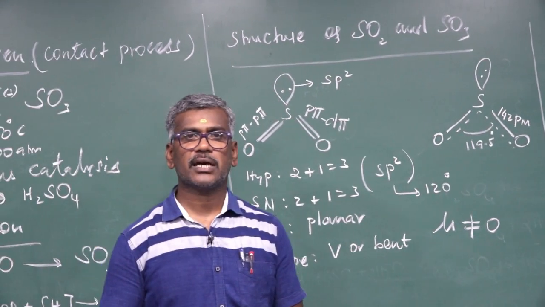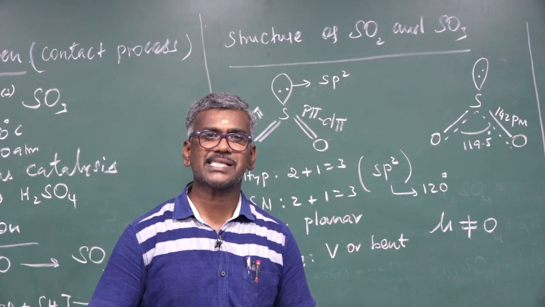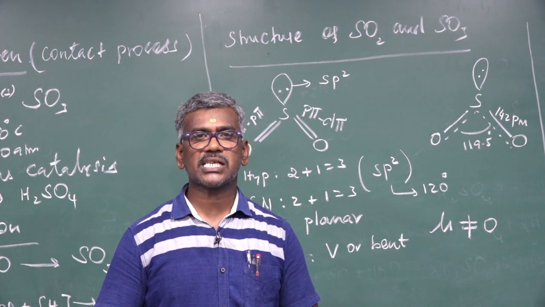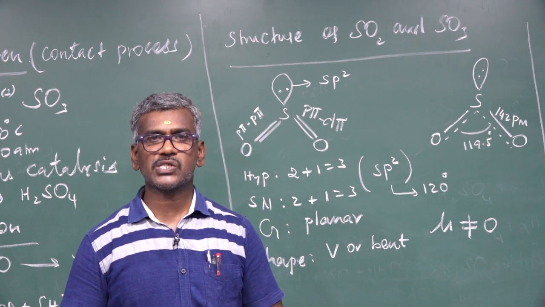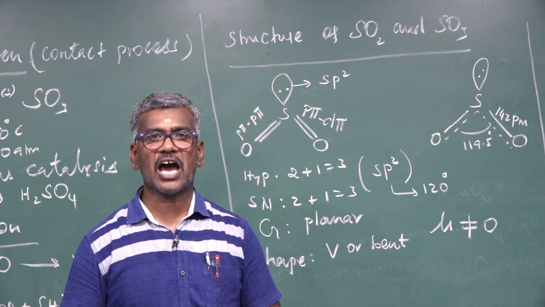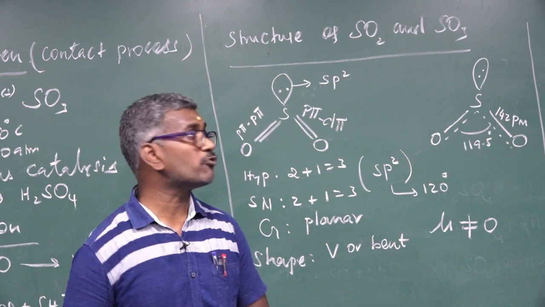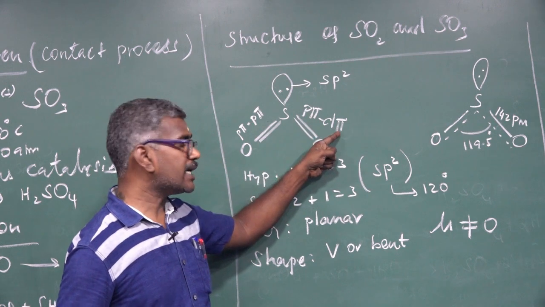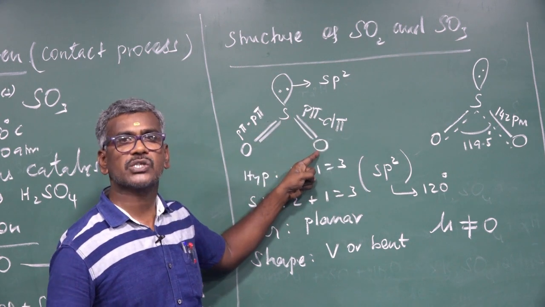So let us recall the oxygen family. First, what are the oxygen family members? Oxygen, sulfur, selenium, tellurium and polonium. Except oxygen, all remaining elements have vacant d orbitals in the valence shell, because of which they form p pi d pi multiple bonds between sulfur and oxygen.